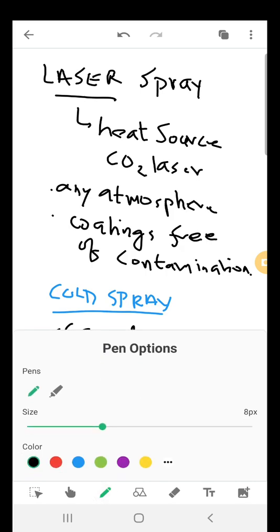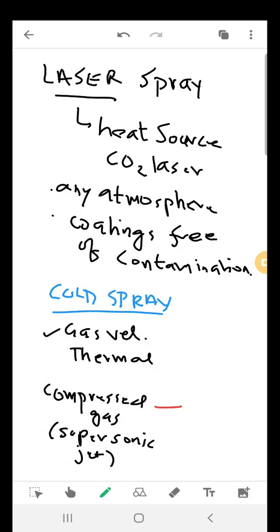And this is where you have the feeder, the powder, and a small amount of heat also, not as in the previous cases, and you have a detonation gun nozzle.